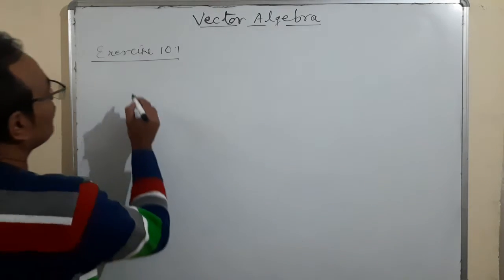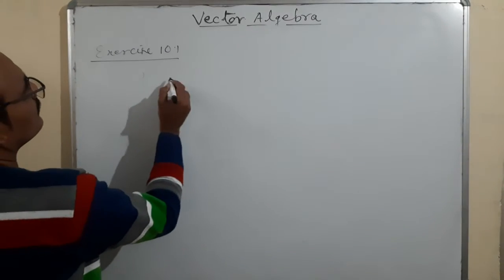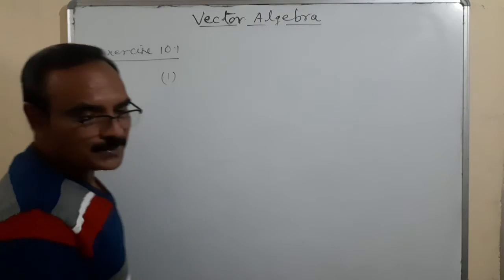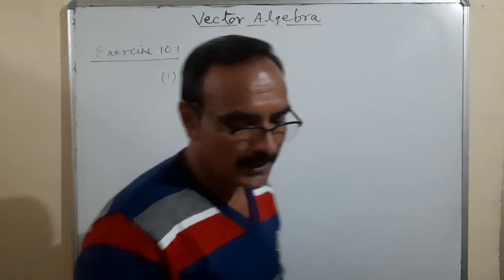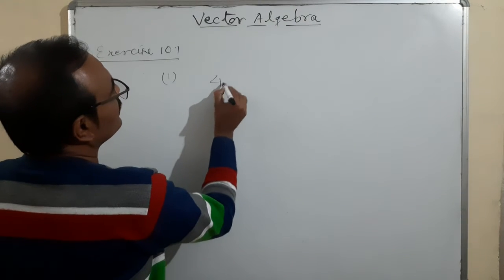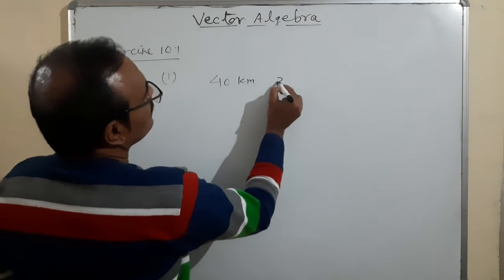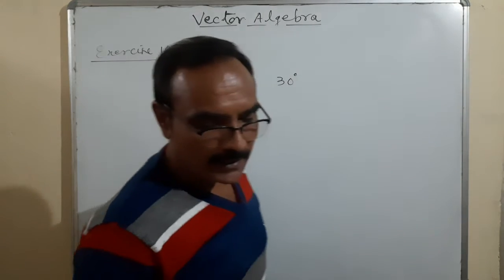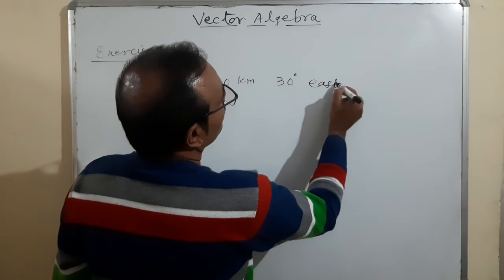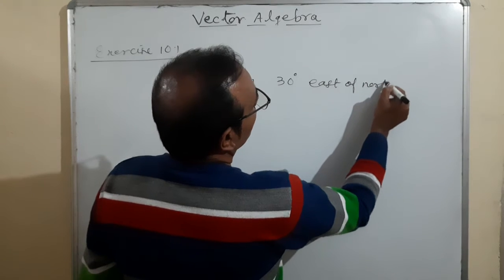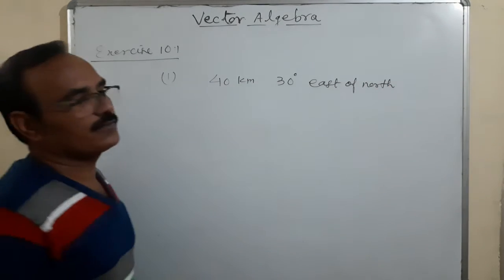So the question is to represent graphically the displacement of 40 kilometers, 30 degrees east of north.